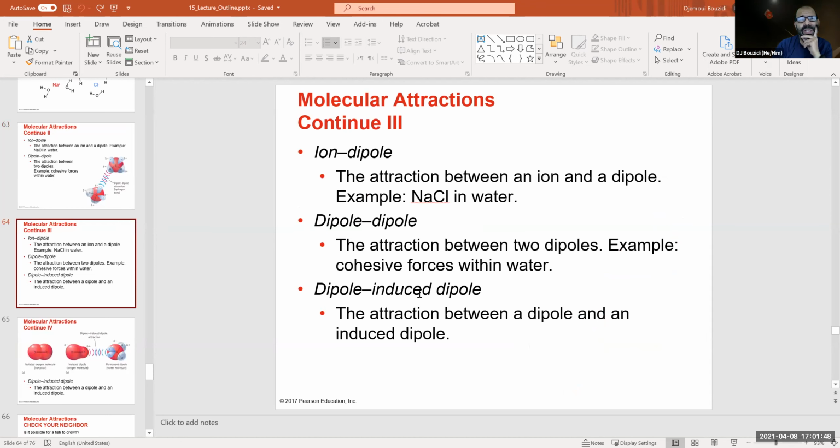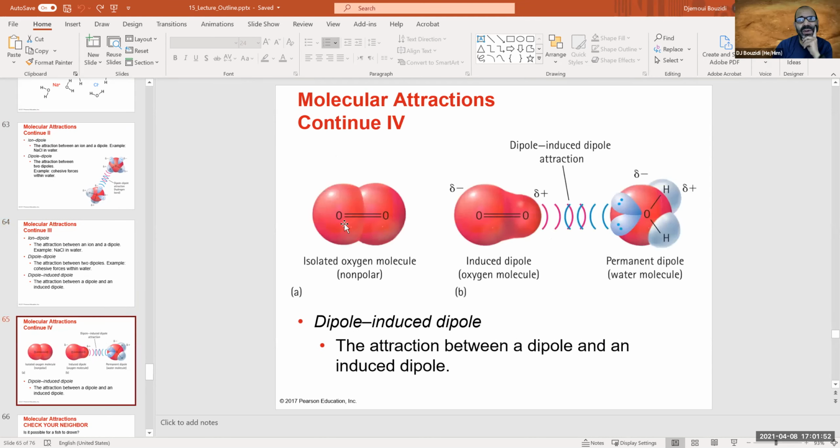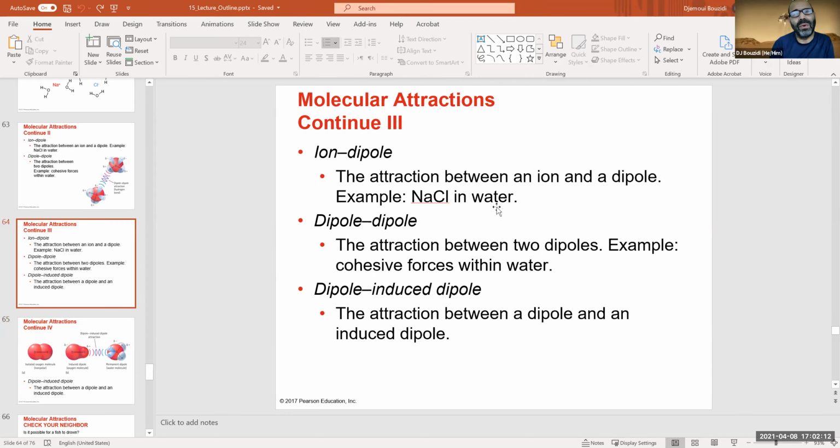And then you have the dipole-induced dipole. One of them is otherwise neutral and does not have any polarity. For example, the oxygen molecule in this case has no polarity whatsoever, because both atoms have the same strength. But if you bring it closer to water, water on this side induces a positive charge on this side, bringing the charges closer, if you wish.